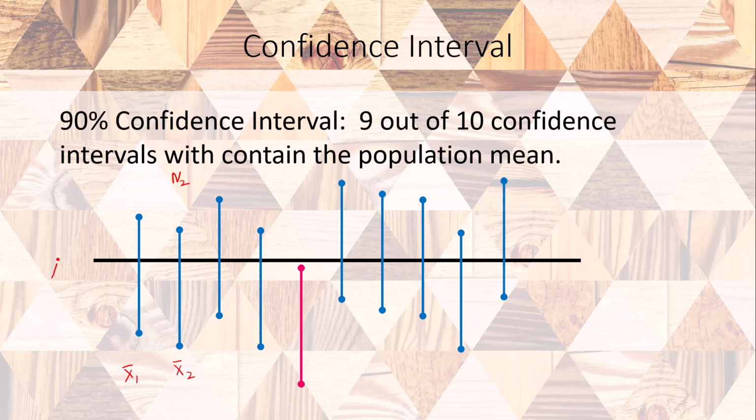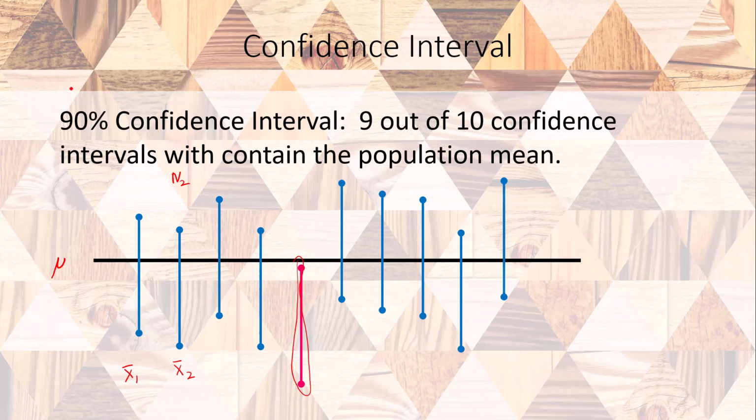Now, your population parameter never changes. This is what it is. It's this particular number here. Now, if your confidence interval is 90%, that means that if you did this 10 times, took 10 different samples, produced 10 different sample means, and constructed 10 different intervals, 9 out of those 10 will contain the population mean. 1 out of those 10 won't, which means there's a probability of 0.1 that your confidence interval will not contain the population mean.